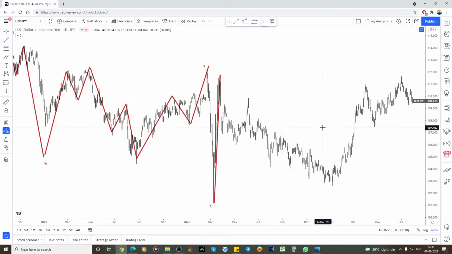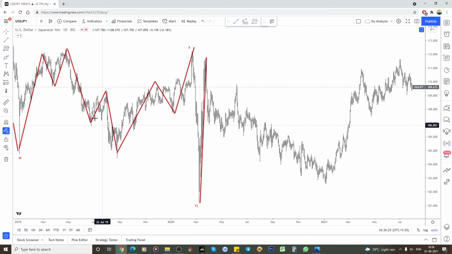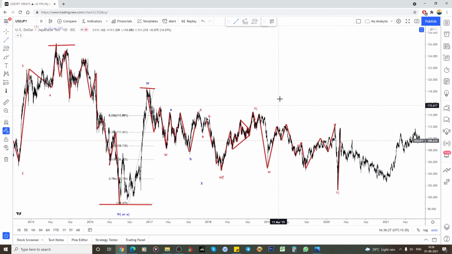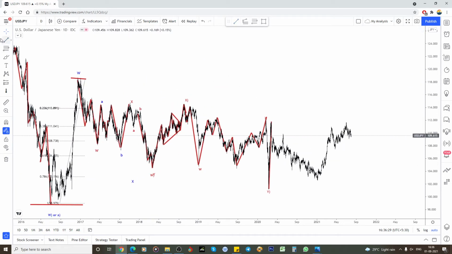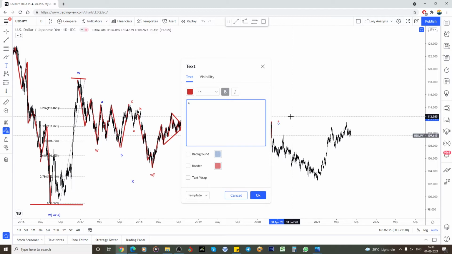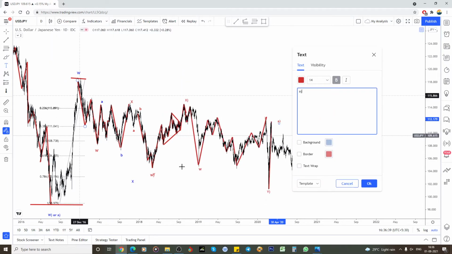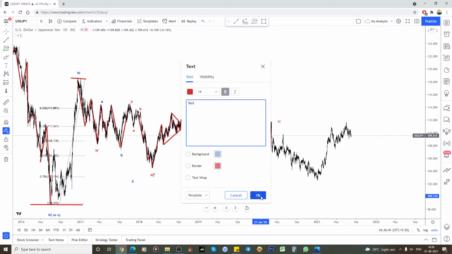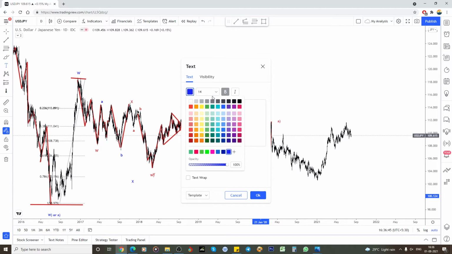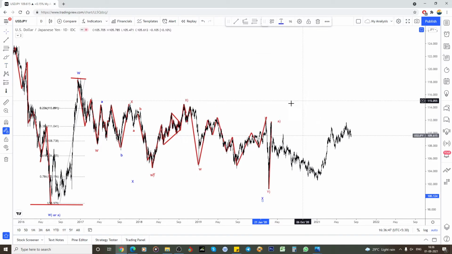So what is it doing here now? One thing here I need to explain to you. This is the A, right? We can mark this as an A. This is the end of the X. What we come to a conclusion, we will do that. It's an X, and it has not yet broken the high.